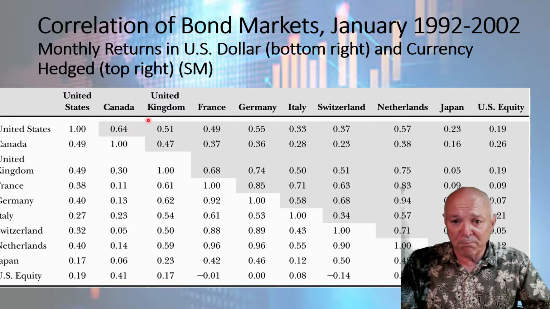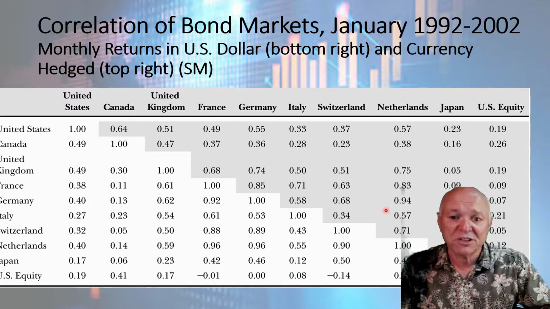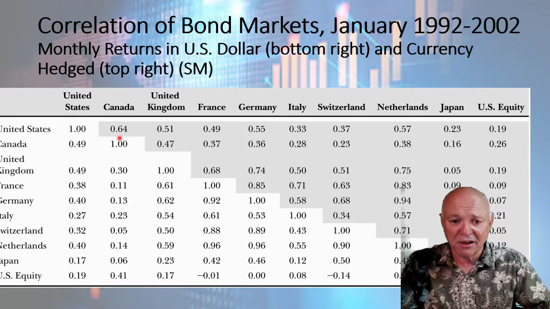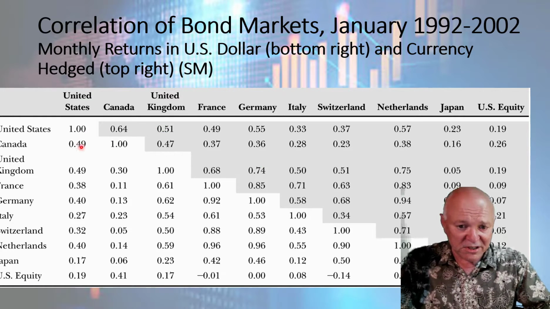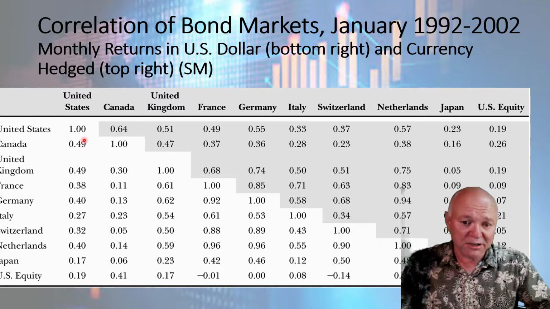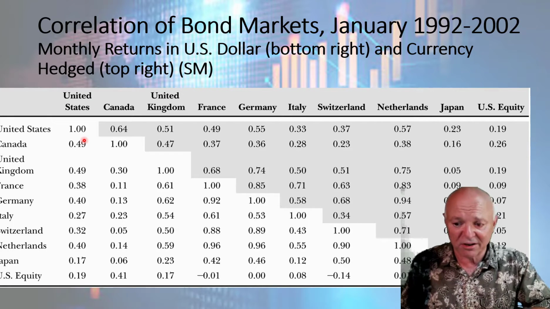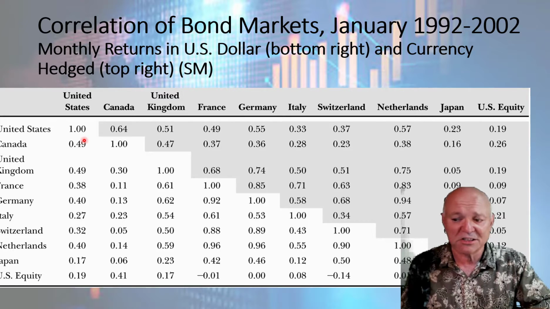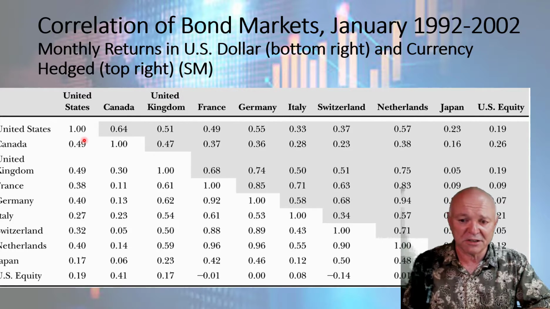The correlation of bond markets, again, with the unhedged in the bottom and hedged in the top, with the currency effect smoothed out in the top part of this diagonal graph. If you were interested in investing in bond markets, you'd see that there are even greater diversification effects. In some cases, in rare cases, perhaps even a negative value in those markets.